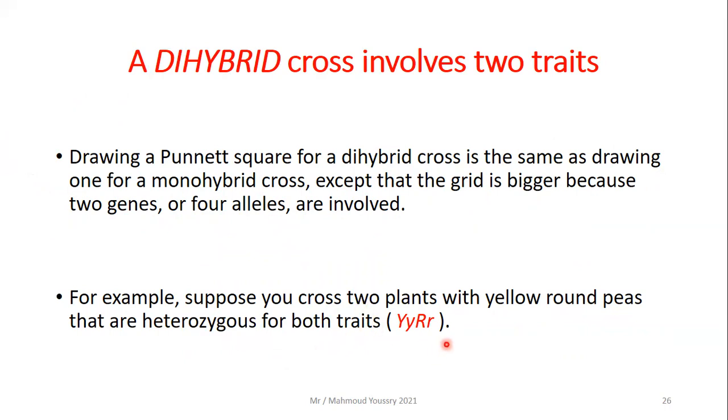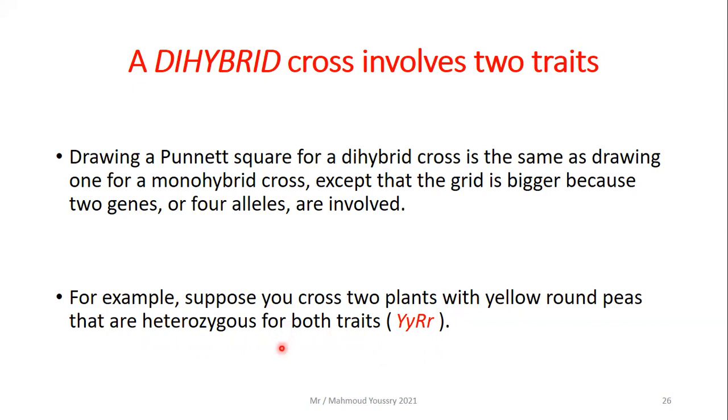Now we have 2 letters for each trait, because each trait has 2 alleles. Y capital is for the yellow seeds, and Y small is for the green seeds. R capital is for round seeds and R small is for wrinkled seeds.